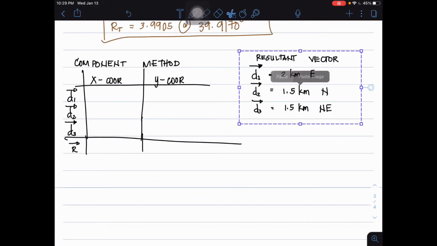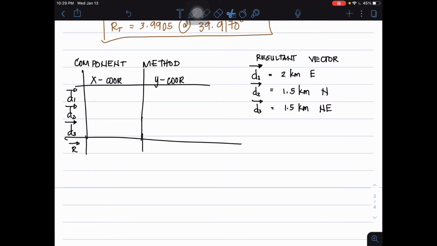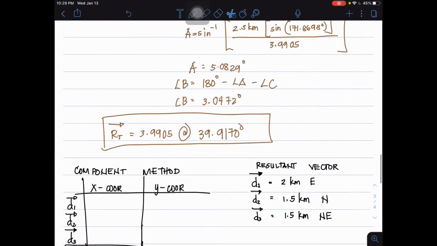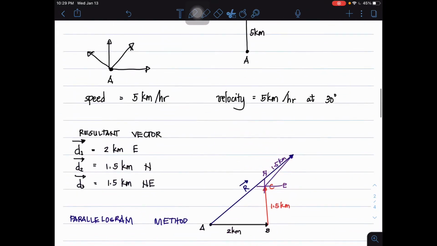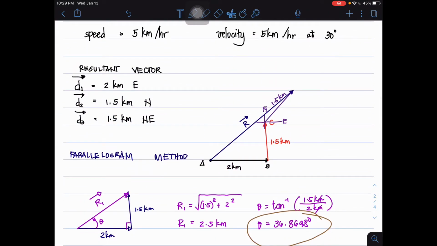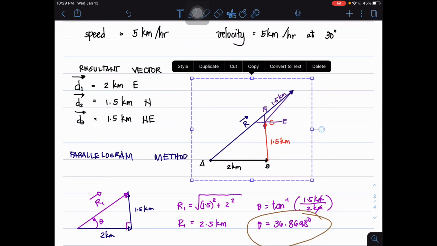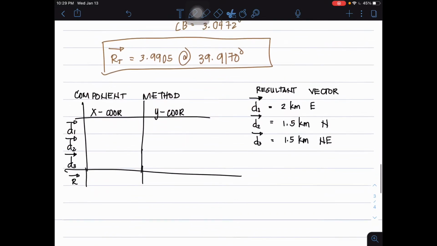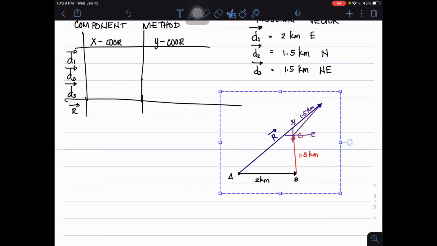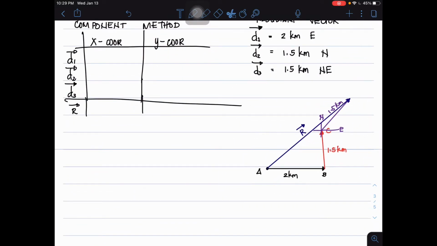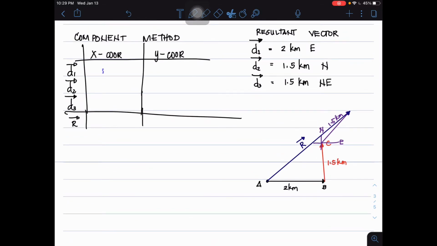I'll copy it here. There. So D1 is 2 kilometers east. And the figure, where's the figure? Here. Copy. I'll paste here. Based from the figure, it doesn't have y coordinate. So that's 2 kilometers for x coordinate.